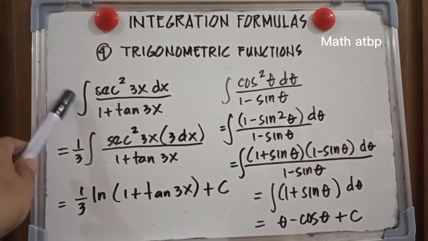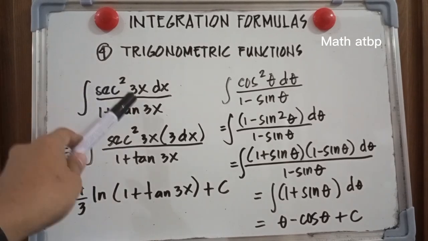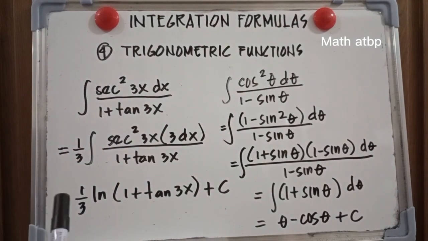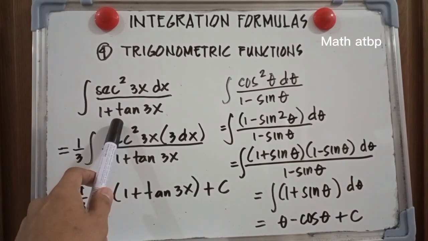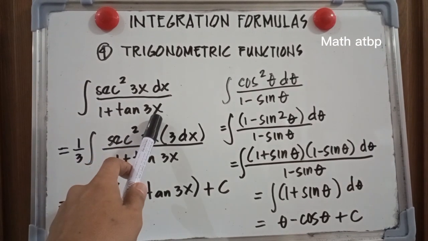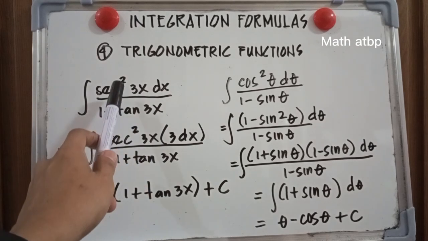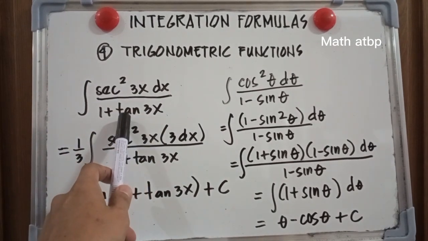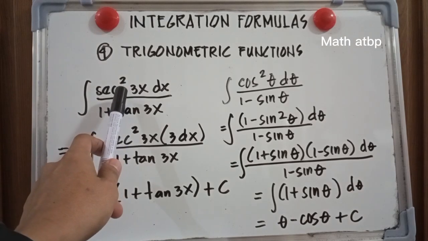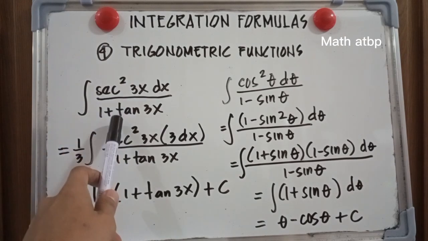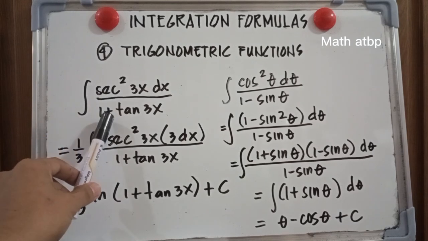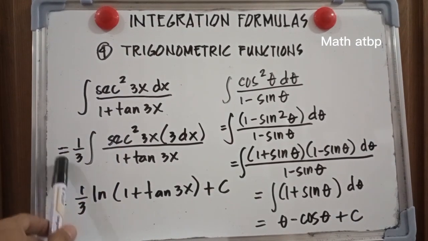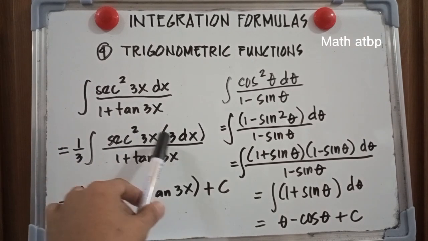Let us continue. We have here the integral of secant squared of 3x dx divided by 1 plus tangent of 3x. Okay, so in here, we can see that tangent 3x has a derivative of secant squared of 3x times 3 dx. Therefore, since the du of the denominator is in the numerator, we may use here the integral of natural logarithm or ln. So we have here 1/3 of the integral of secant squared of 3x times 3 dx.